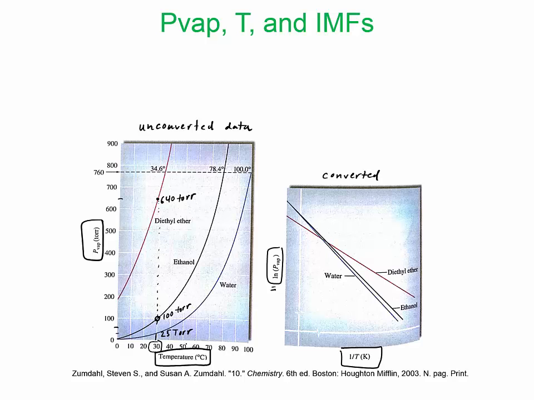From our previous tutorial, we made the point that as IMFs get better, the vapor pressure will decrease. So when something has really bad IMFs, like diethyl ether, it's going to have more vapor pressure at a given temperature. So let's take a look at diethyl ether. It looks like this.